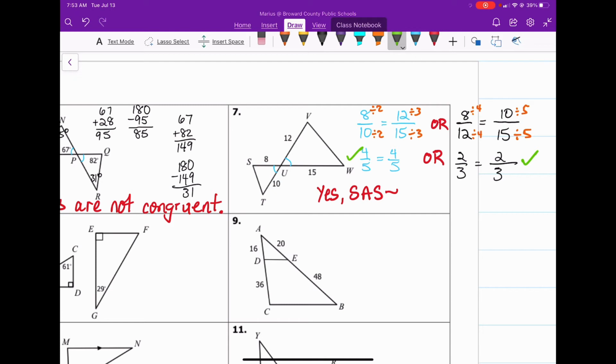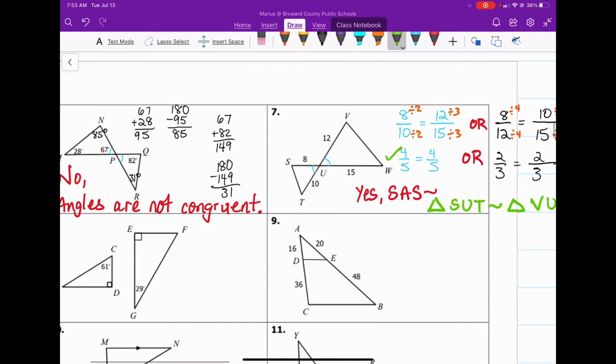So now that we've established that, we can go ahead and write out our statement. Triangle SUT is similar to triangle VUW. Okay?